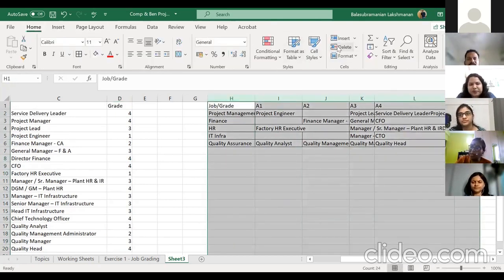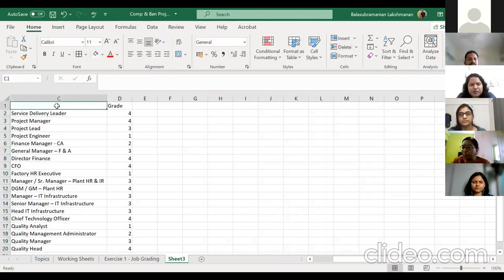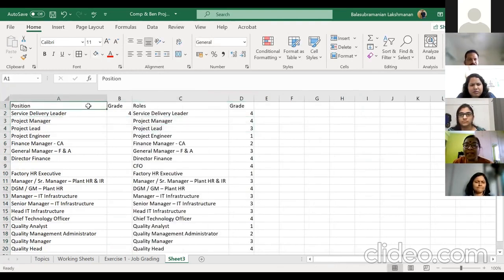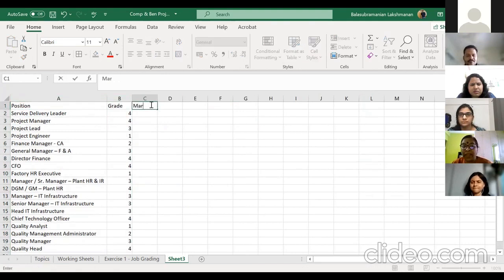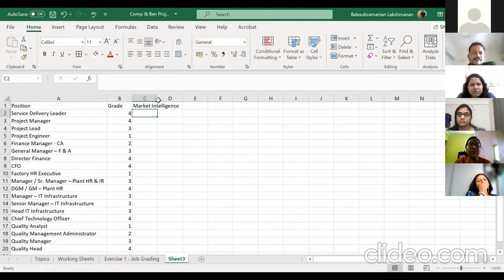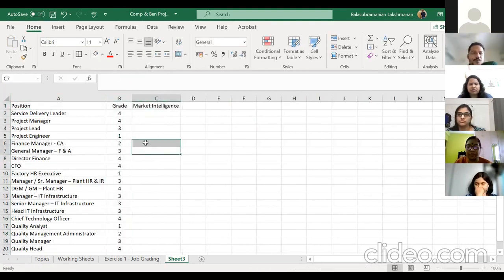Nirmala ma'am, over to you. Now quickly, as a group, take about 5 to 10 minutes. In the E column, write market data and look at any IT company. Typically, we are not going by the accuracy of salary data per month.